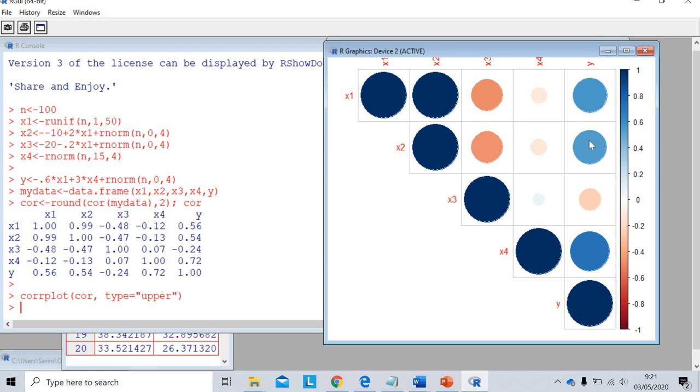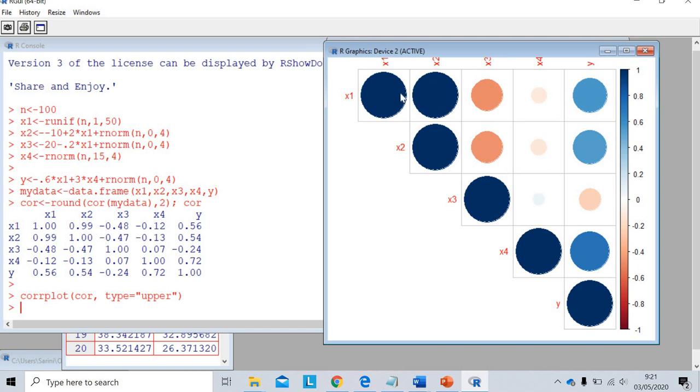So actually we want the values in this column to be high, because it means all these variables are good explanatory variables for y. But for a good regression, we want the ones in here to be low correlated to avoid the multicollinearity problem.